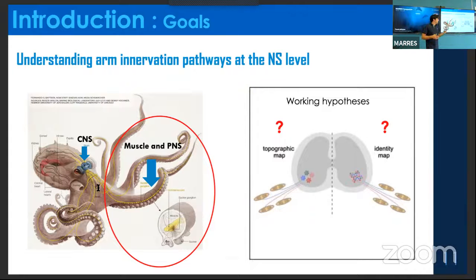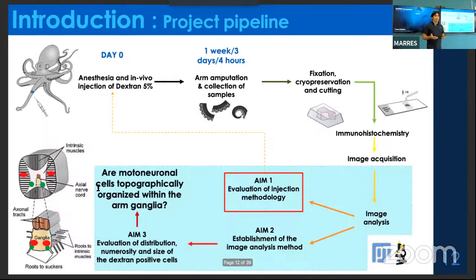So in order to determine which hypothesis is closer to reality, we used this experimental procedure. We injected in vivo dextran, which is a retrograde tracer.